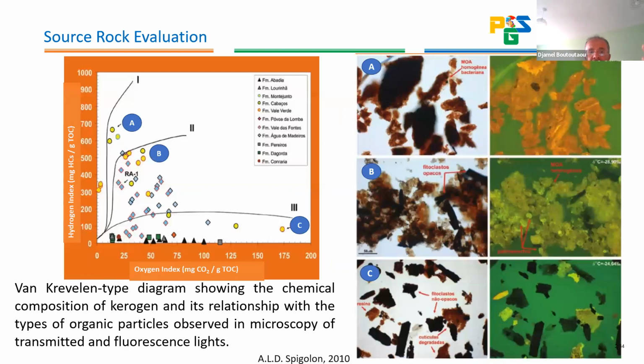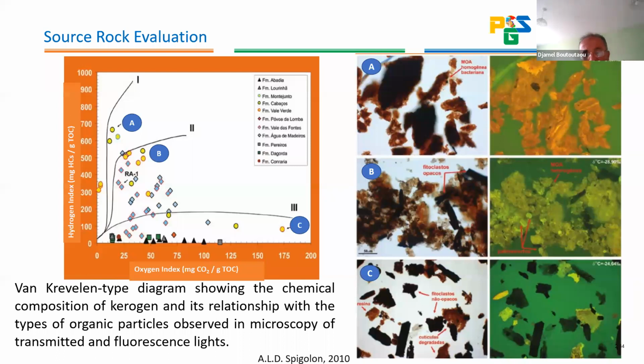Because, for example, if I take type 2, I cannot distinguish between type 2 marine carbonate, because type 2 is marine source rock. I cannot distinguish in here between marine carbonate and marine clastic, marine shale. And there is a big difference between them, which we can see later on, especially in the kinetics.